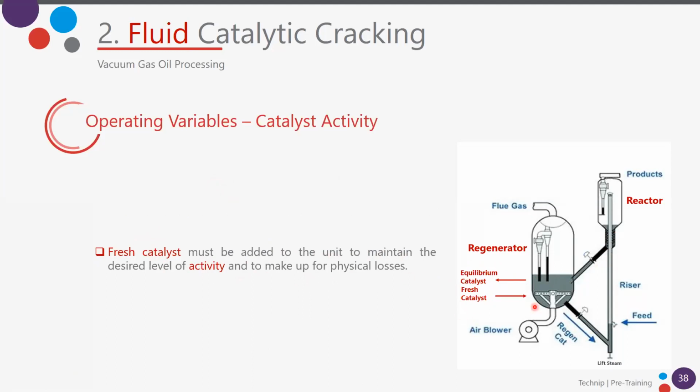Okay, so here in the regenerator, we will perform this catalyst management. We will draw some of the equilibrium catalyst, and we will add some fresh catalyst. And then we will keep the activity of the catalyst.